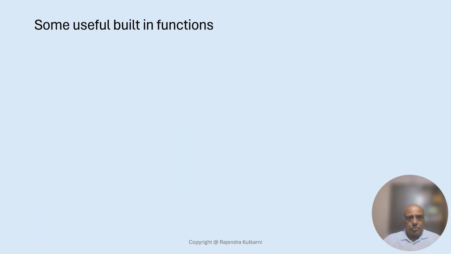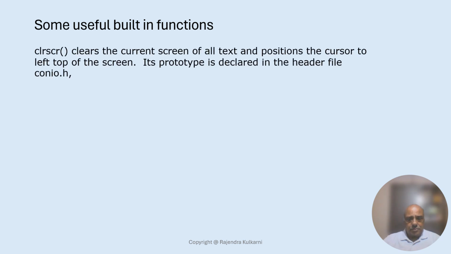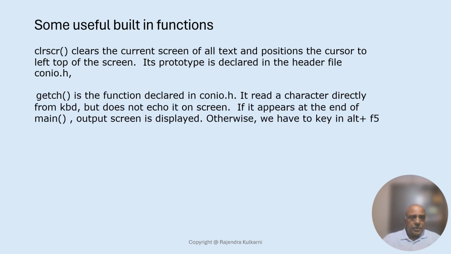There are many useful built-in functions which we can use in our programming. clrscr clears the current screen of all text and positions the cursor at the top left of the screen. Its prototype is declared in the header file conio.h, which we will have to include in our program at the start. Another function is getch, declared in conio.h again.